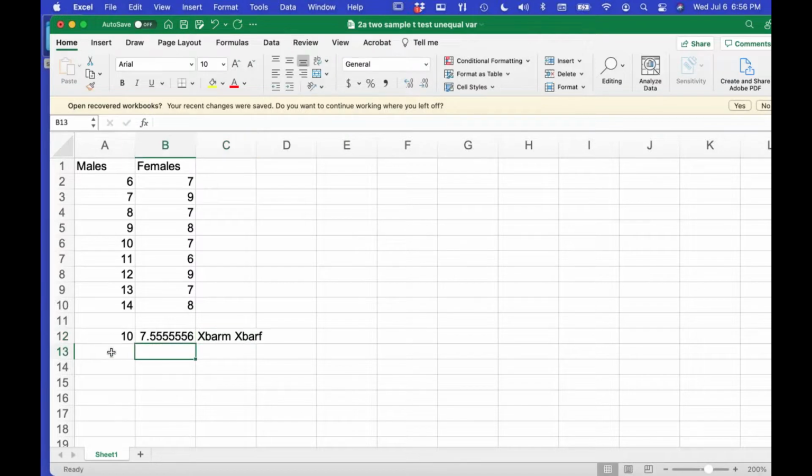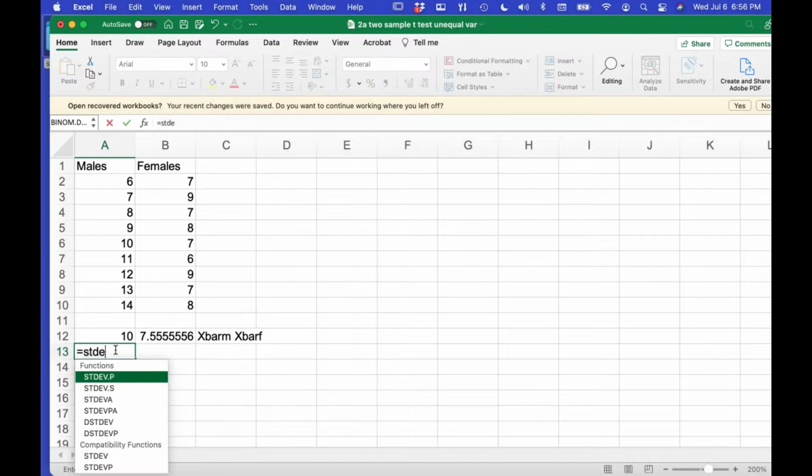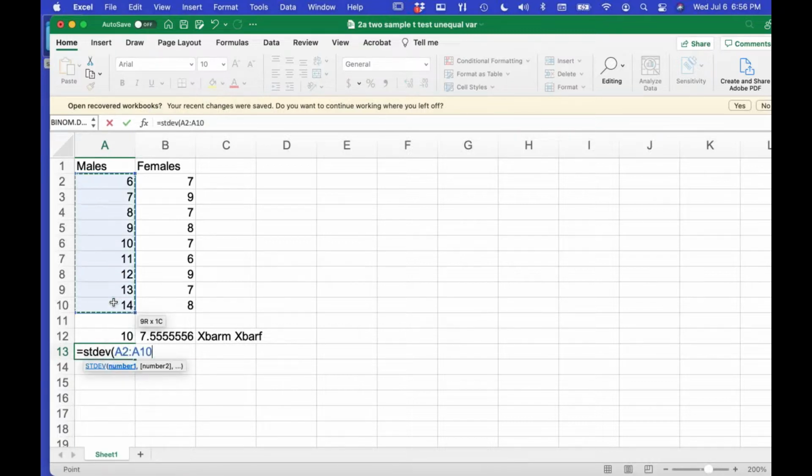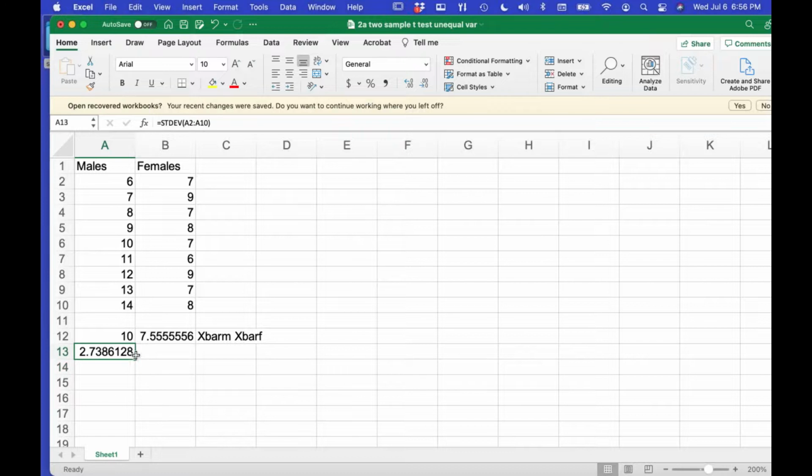So what about our standard deviations? Equals standard deviation for each of the two groups. This is the variability for males, and this is the variability for females. Notice one is like 3 times what the other is, much more variable. So you would assume, gee, I'm not going to assume equal variance.